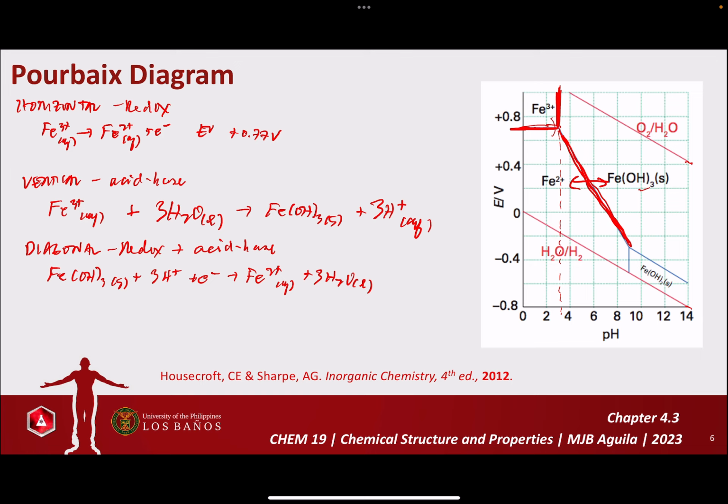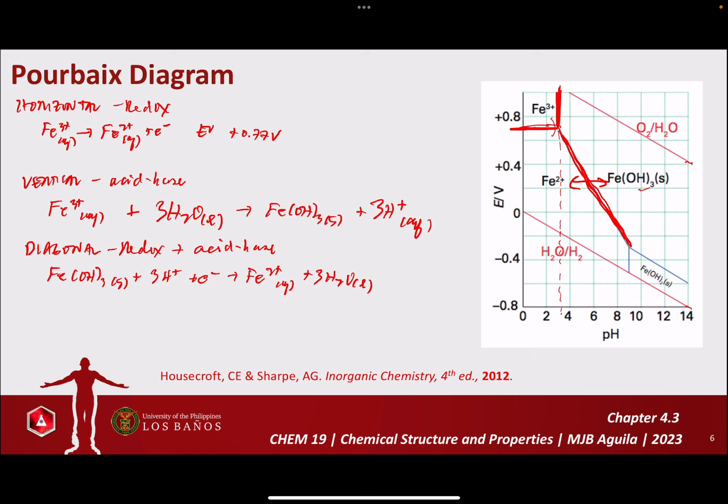Okay, so that's the reaction that is involved within that diagonal or sloping line. We can see that H plus is in interplay and electron is in interplay. Actually, in this region, you can see in the equation that H plus, hydroxide, and electrons are involved.